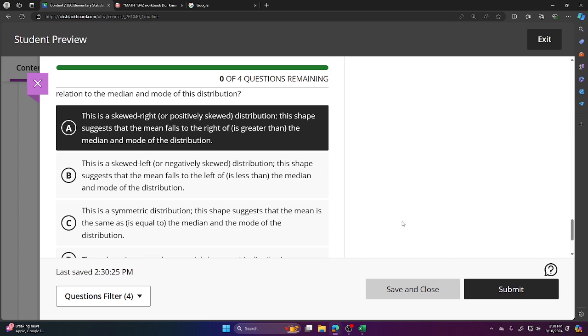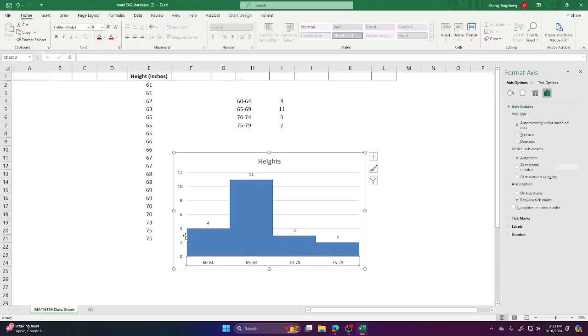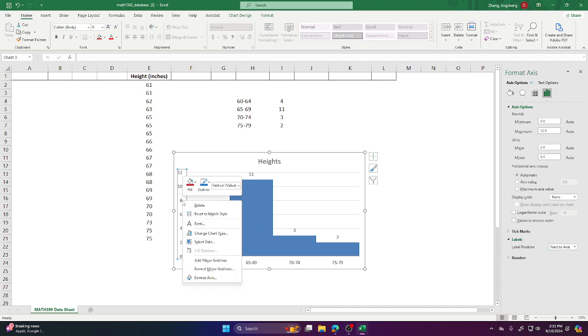Any questions? If I go back, that's a good question because I didn't really do that. Labels. Add a label, minor grid. Somewhere. Oh, there's a plus sign right next to it. Look at that.